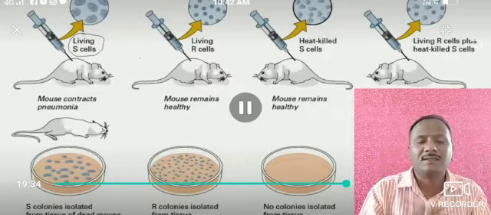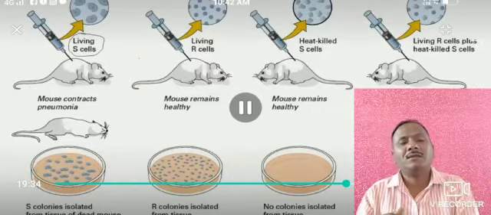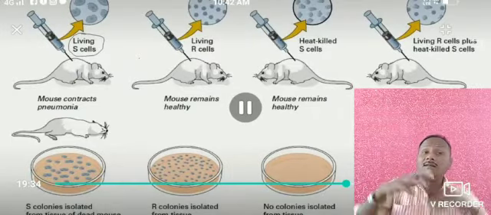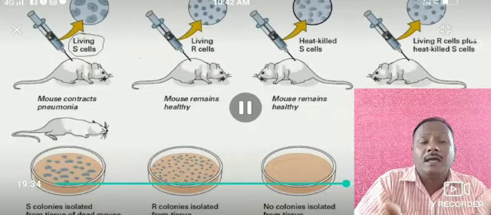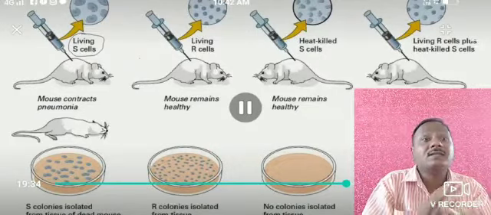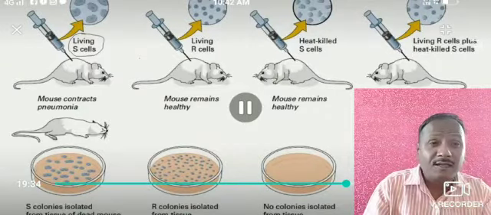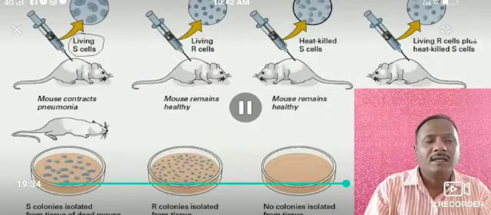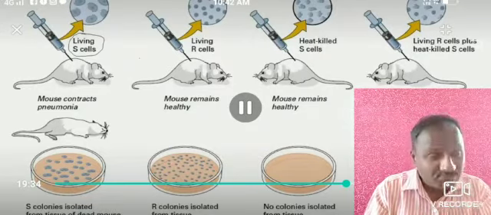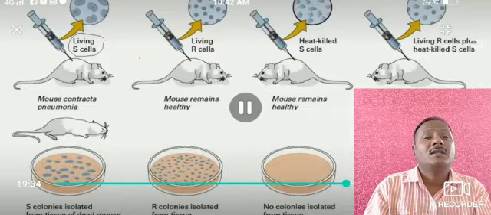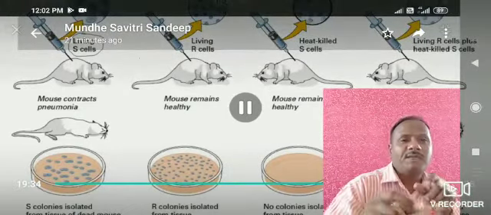It is pathogenic. After that, the scientist Griffith used another strain, another microorganism, the Streptococcus pneumoniae R strain. R means it is non-pathogenic, non-capsulated, and non-virulent. He injected the R strain into another mouse with the help of an injection.